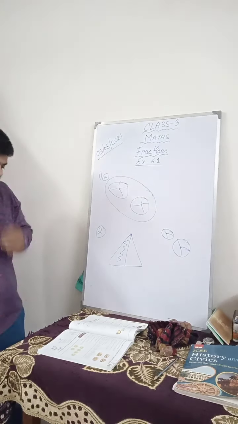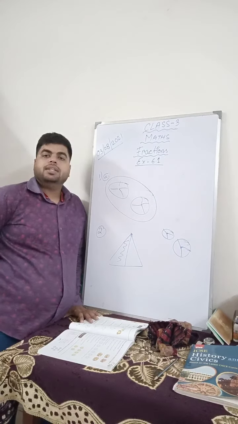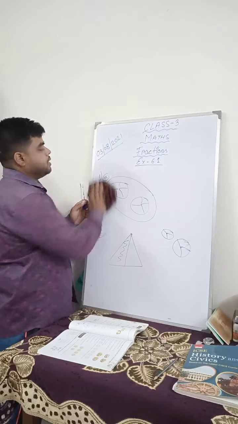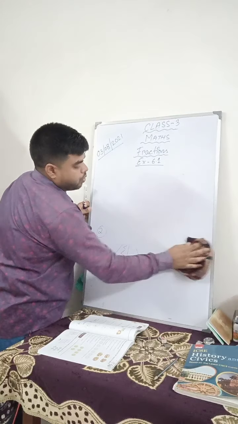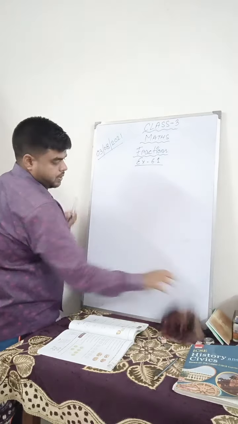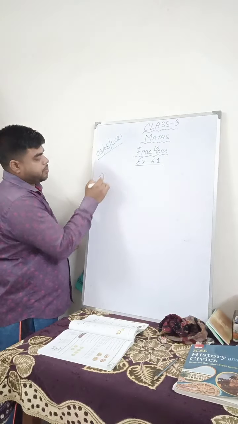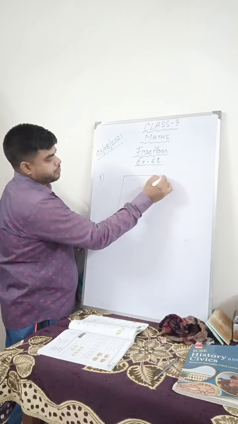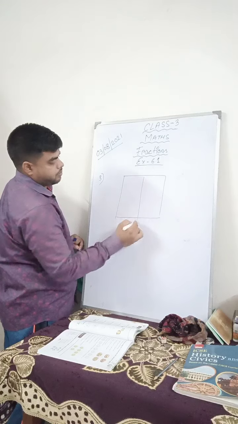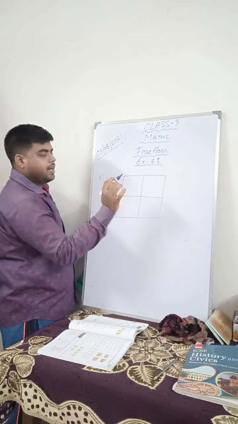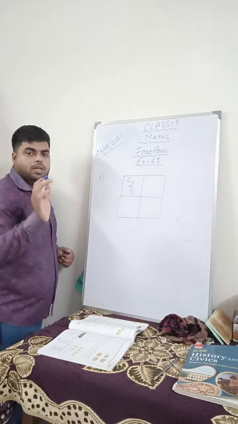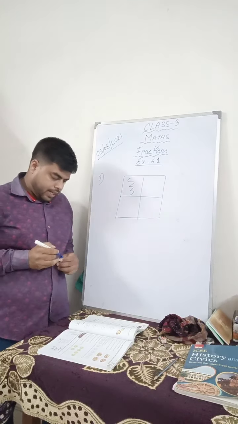Question number 4, they have given you a total of 4 parts. Let me erase this. They have said 1/4. Any one part you will color with green.